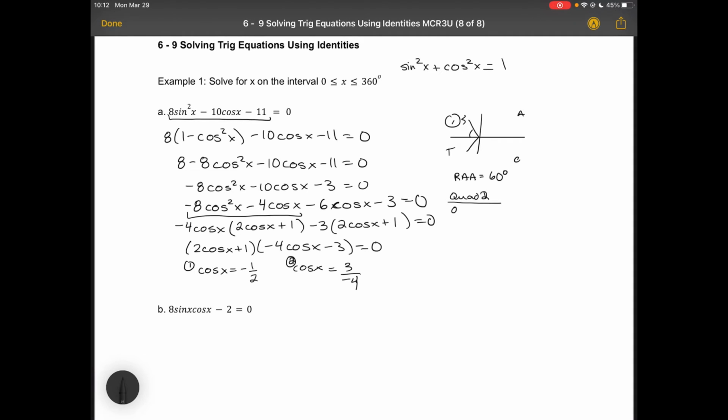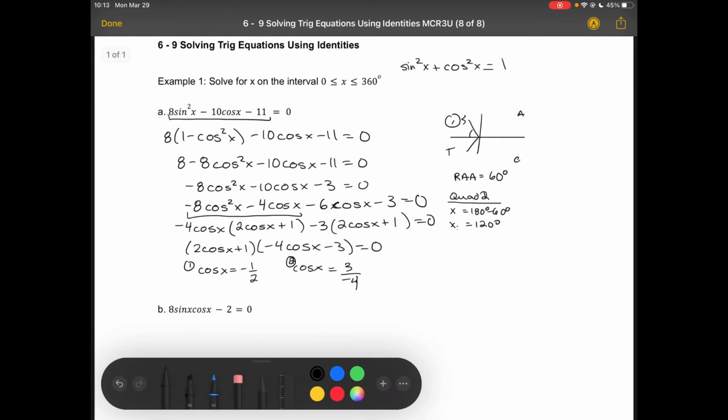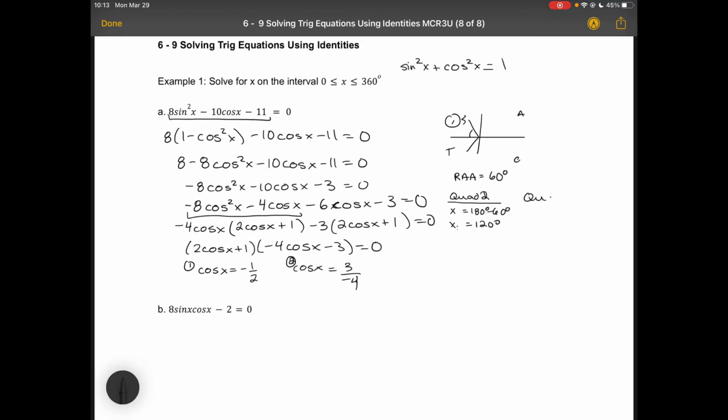So my solution in quadrant 2 is going to be 180 degrees minus 60, which is going to give me 120 degrees. And then I've got a solution in quadrant 3, which is going to be 180 degrees plus 60 degrees, which is going to give me 240 degrees as my second solution for that particular bracket.